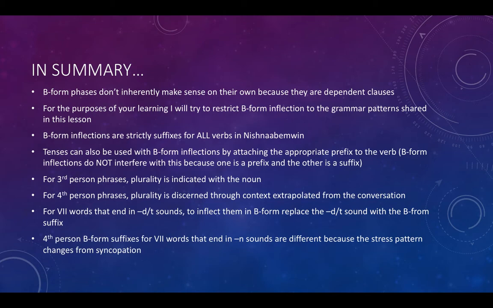Fourth person B form suffixes for VI words that end in N sounds, like jesin or gboksin, are different because the stress pattern changes from syncopation. That's why we go from nig to ing. They're the same thing, it's just how vowel dropping works in this dialect.